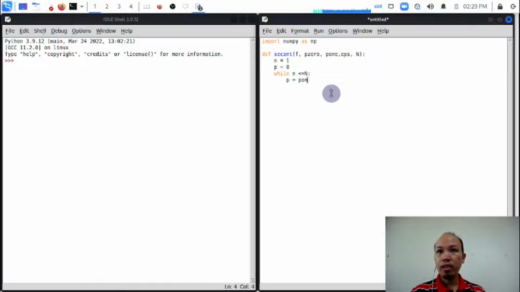P1 minus our function f of P1, remember that's our p sub n minus 1, times the quantity P1 minus P0 over f of P1 minus f of P0.